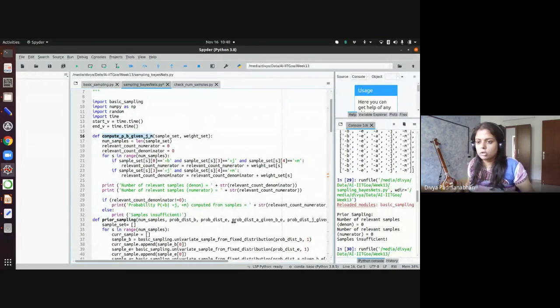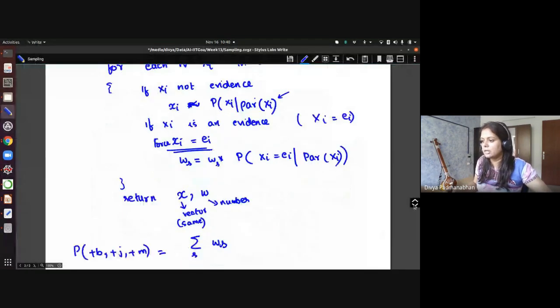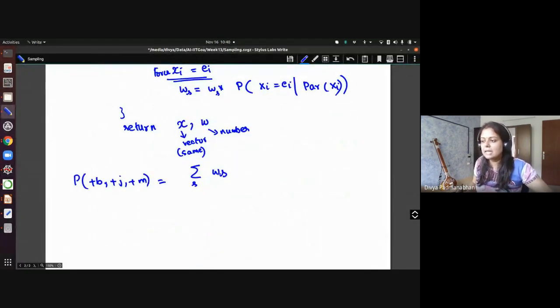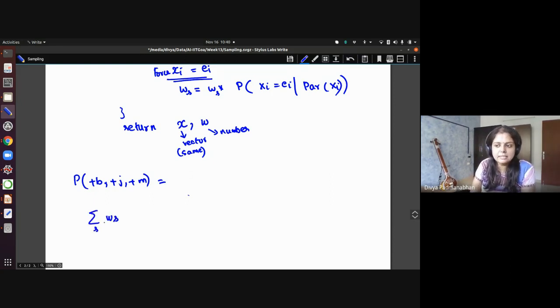Okay, so I think there was a mistake in what I said in this part. The sum. So let me just do this again. In this part, what you have is the samples and the weights. Now what does the summation of ws correspond to? This will correspond to the weight of all samples.